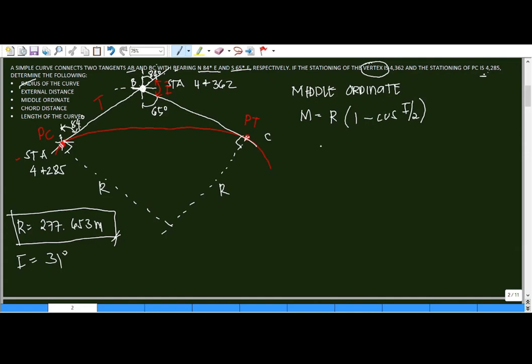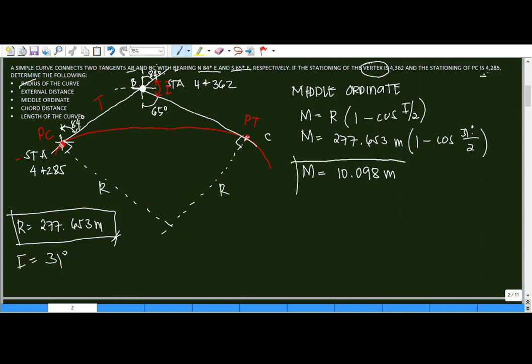So nasolve na natin si R pati si I. So our middle ordinate is equal to 277.653 meters multiplied by 1 minus the cosine of 31 degrees over 2. And my middle ordinate is equal to 10.098 meters. Okay, ito ngayon yung aking middle ordinate.